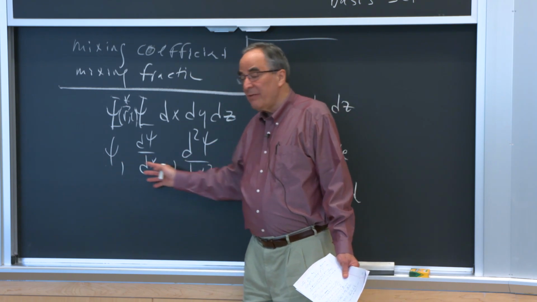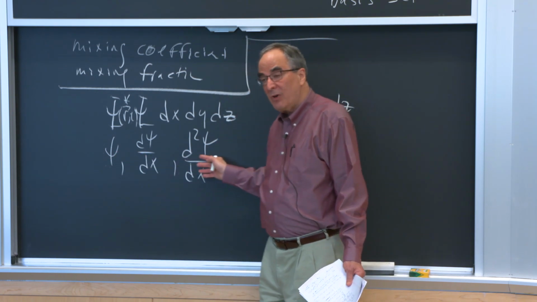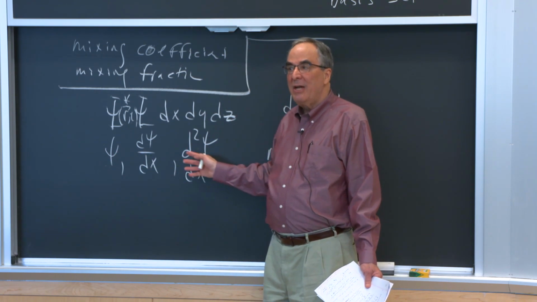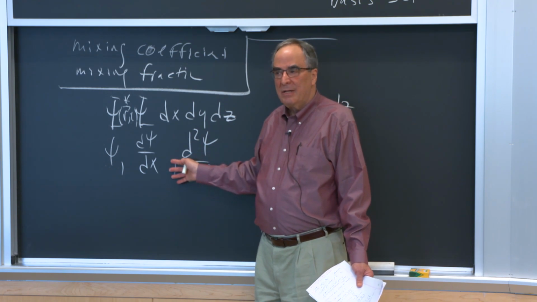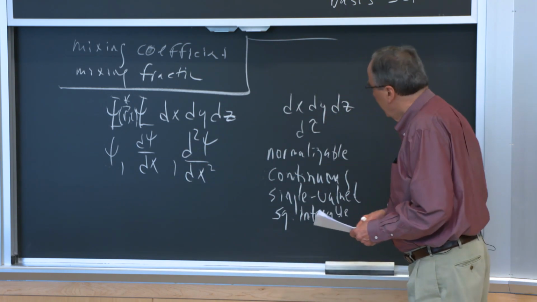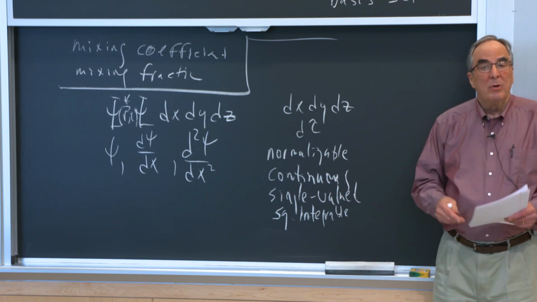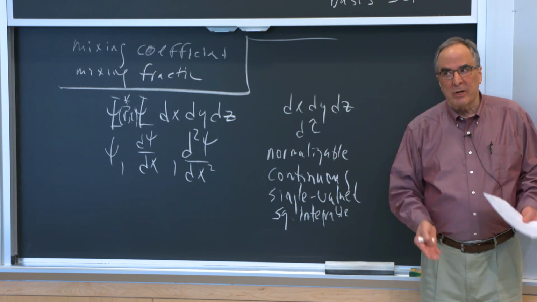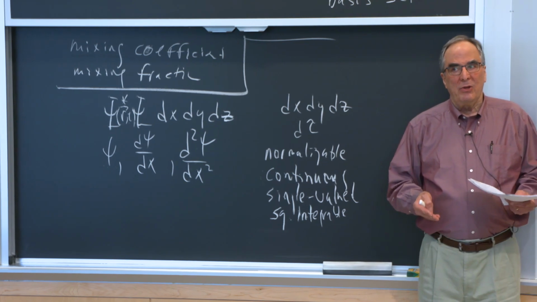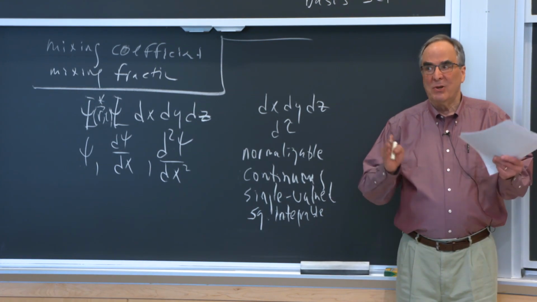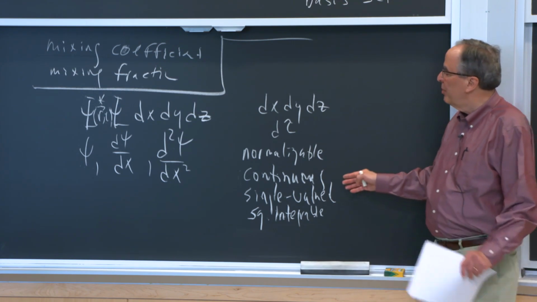But you're entitled, if the problem is sufficiently well behaved, all of these guys are continuous, and you can use them all. Okay, so normalizable. Well, normalizable means it's square integrable, and you don't get infinity unless we use this other definition of normalizable.